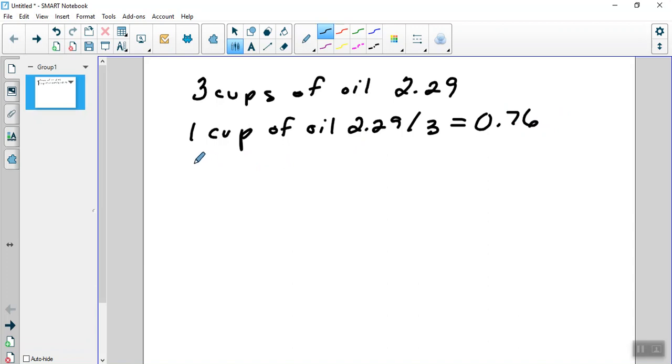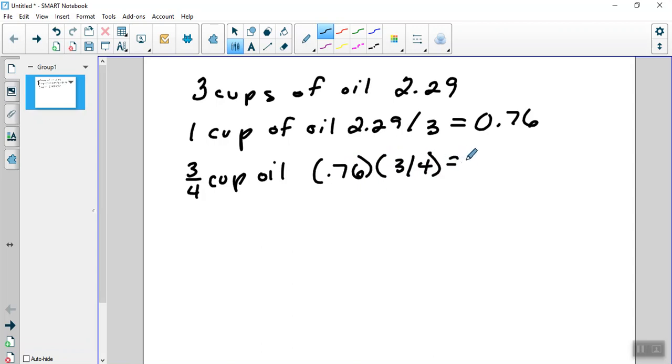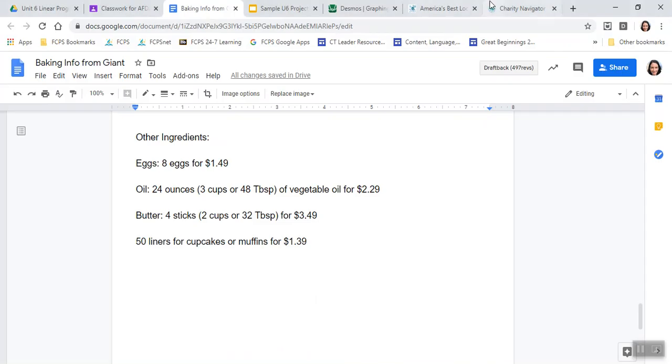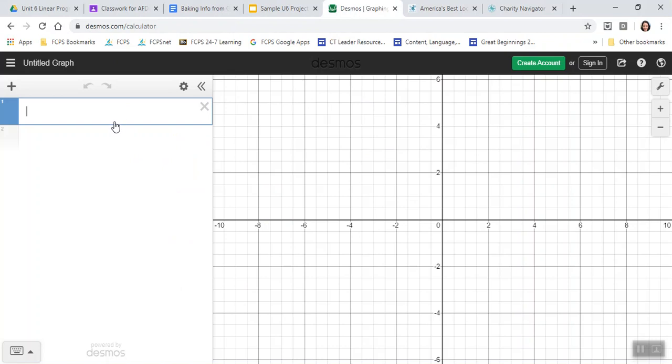And now if I want 3/4 cup of oil, you take 76 cents and you multiply it times 3/4. And that actually might be easiest to do on Desmos rather than that little calculator. So I'm going to use Desmos to multiply those. 76 cents times 3/4, and I get 57 cents right down here.